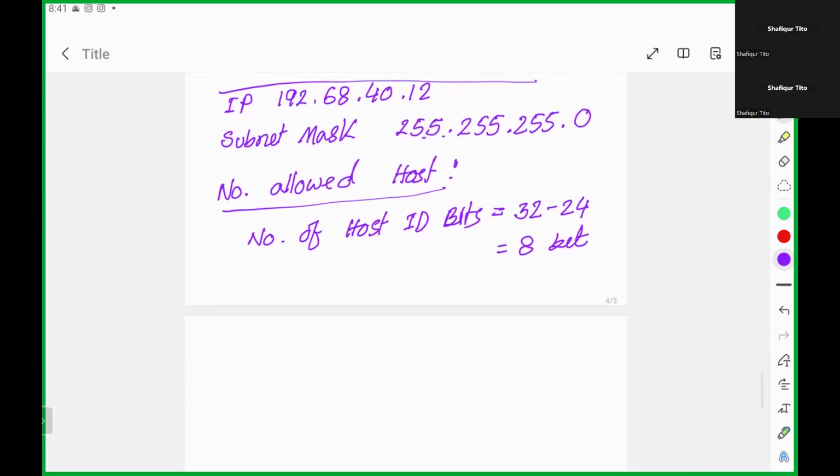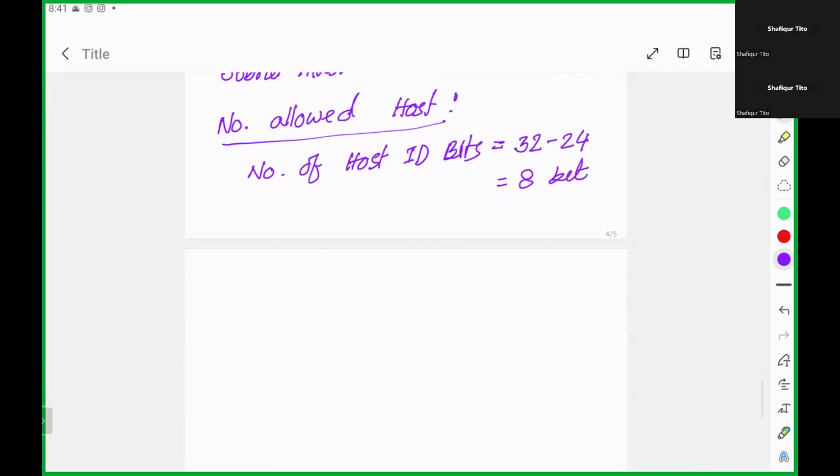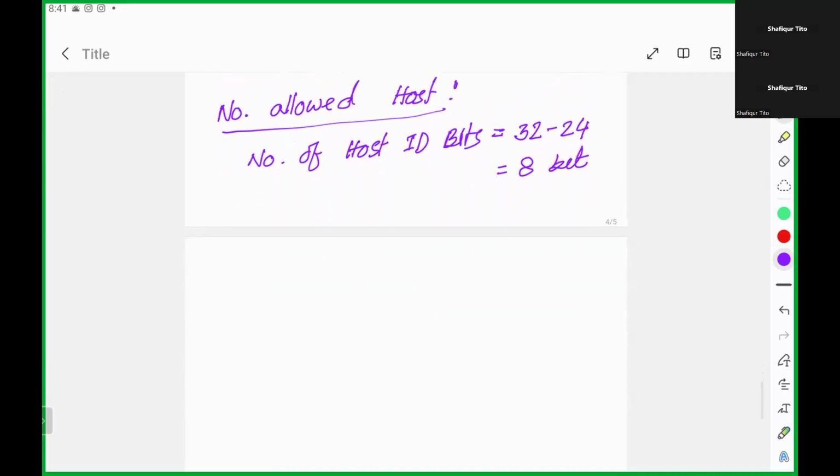Now, can we use all these combinations? Let us take an example. What are the different combinations? How can I find out, with an 8-bit number, the total number of combinations? So let's take a 2-bit binary number, and see how many combinations we can find. A 2-bit number starts with 00, and then another combination 01, another 10, and another 11.